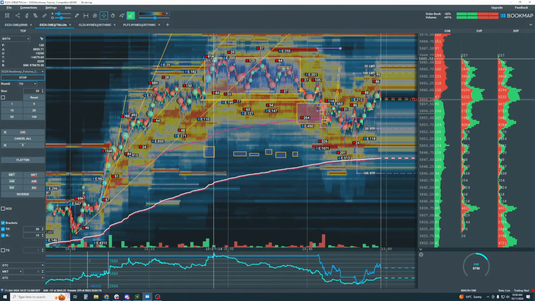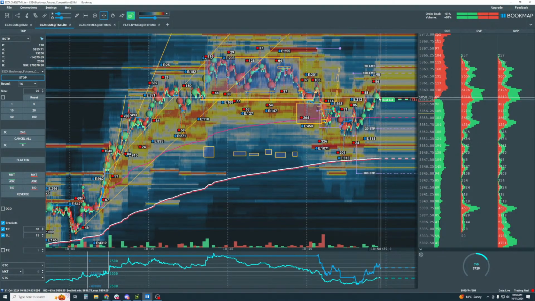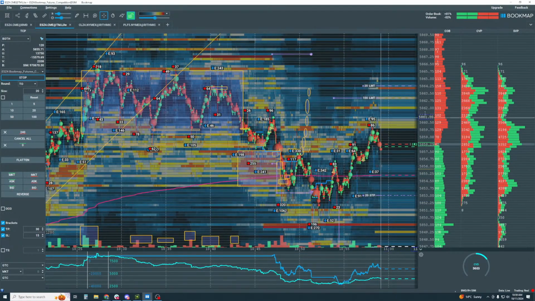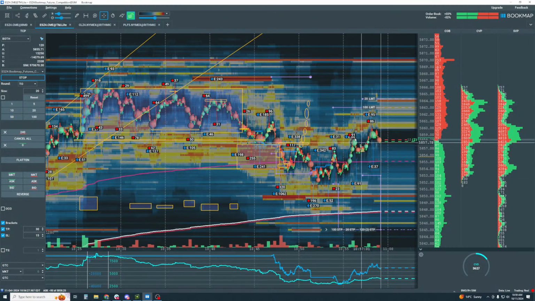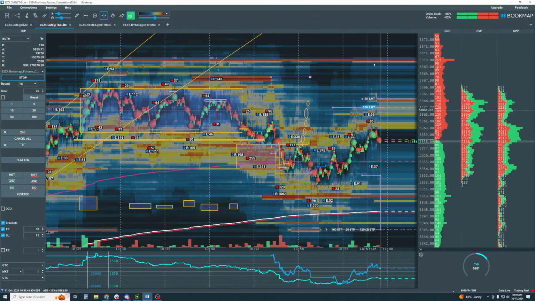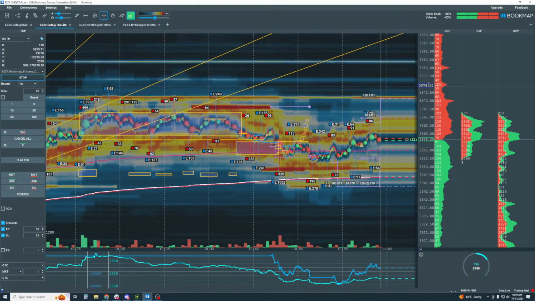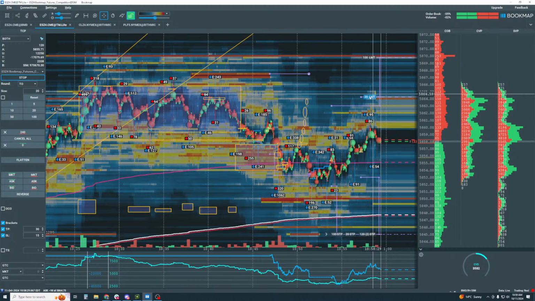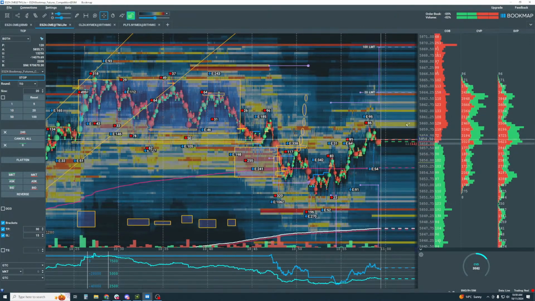Maybe this is the high of the day already. But I do see more buyers coming back in, so I'm going to move my stop down, with the VWAP here as well, and I'll move my take profit up here at 70. We'll leave this one in front, or just where it is at the swing here, the 20 lot.